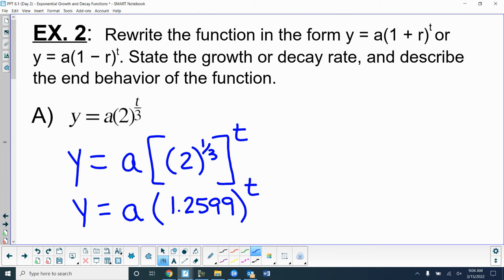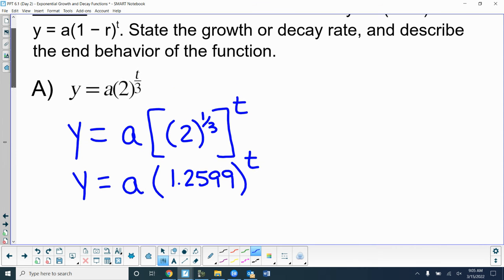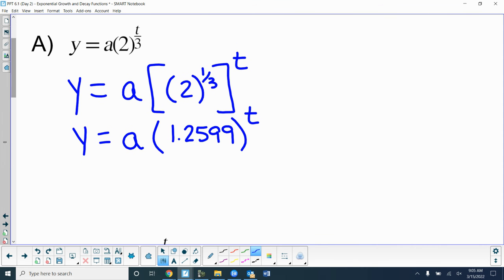So how do I write this? Do I write it as 1 plus r or 1 minus r? Plus, because it's over 1, right? If it was just 0.2599, then I have to write 1 minus whatever, okay?